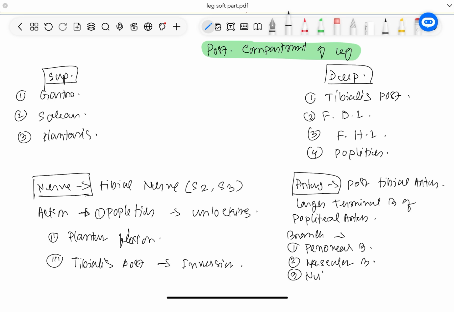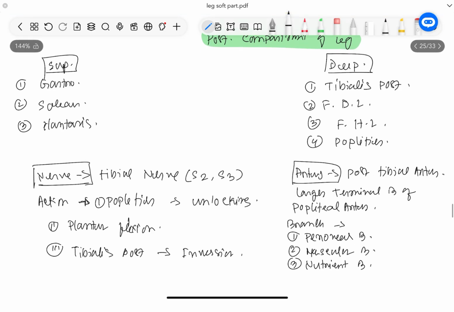Number three is the nutrient branch or nutrient artery. It is the largest nutrient artery in the body. It enters the nutrient foramen of the tibia below the soleal line. Number four is the circumflex fibular artery.